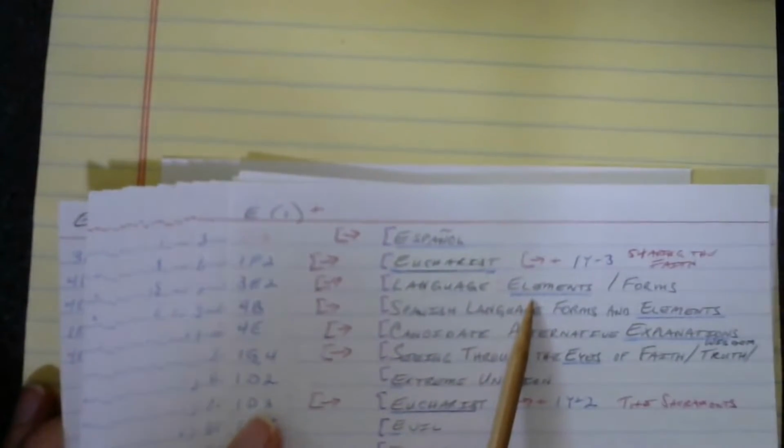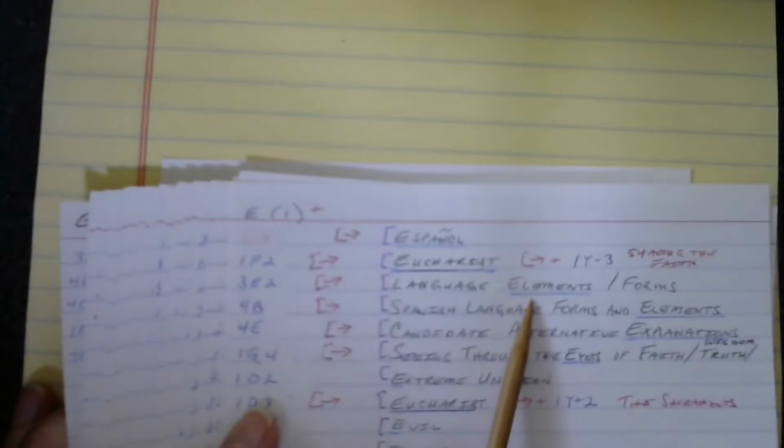Now, I have a practice. When a word appears 3 or more times in my index under the general letter E, it gets promoted to a card of its own. When it gets promoted to a card of its own, I underline it and I make this symbol here to tell me that if you're looking for elements, pull the card elements.